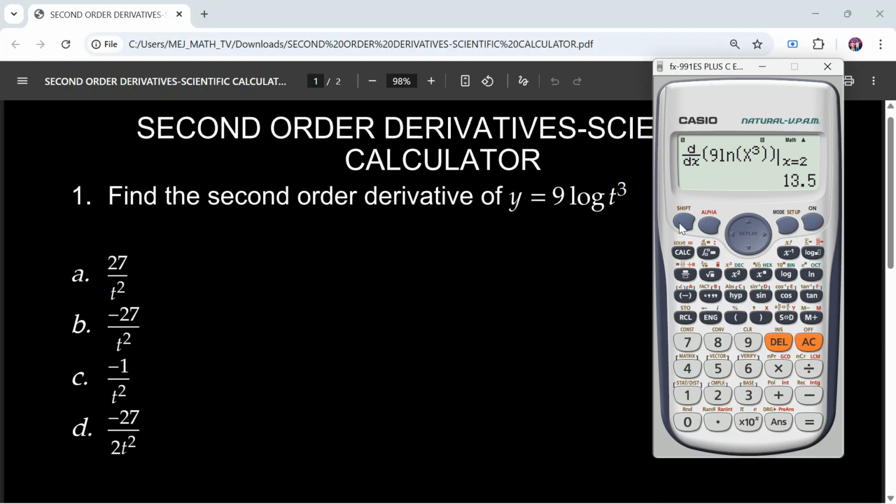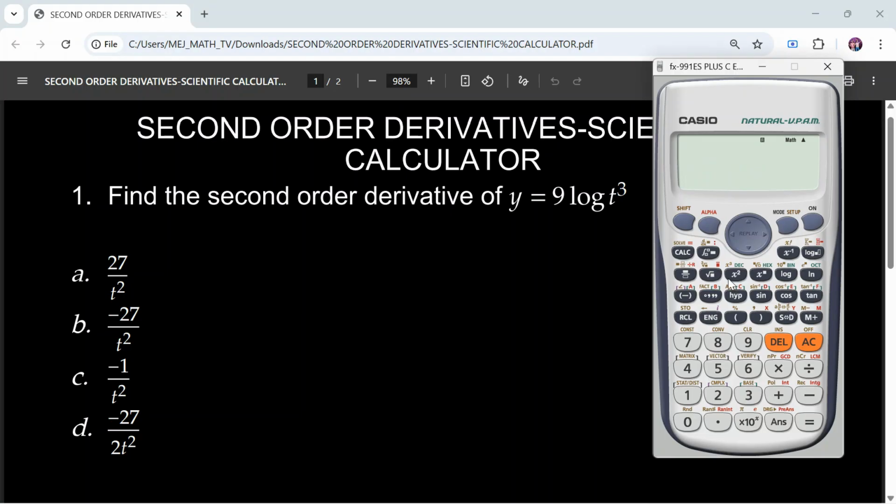So you want to store this as a. Then we hit the up button. Then we go back and then add a constant, let's say 0.00001. Then we hit equal to, and we are having 13.4999. And so we should store it as b.